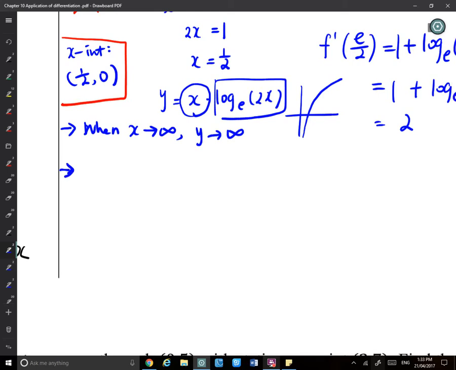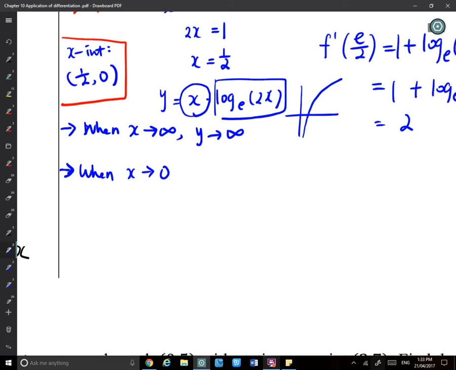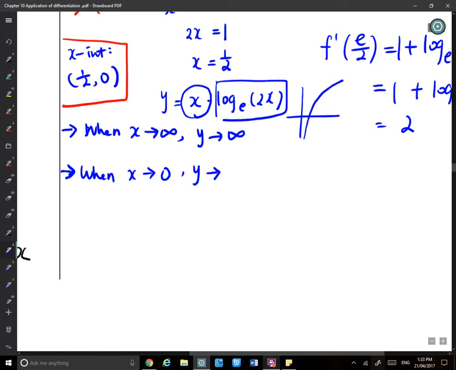Okay, next. When x approaches 0, it can't really go to negative infinity. The end point is 0. You want to think about what will happen at that point. Have a guess what the y value will approach when x approaches 0.